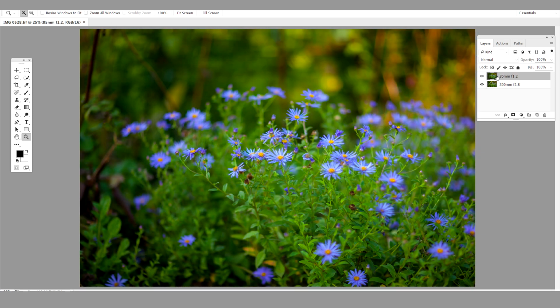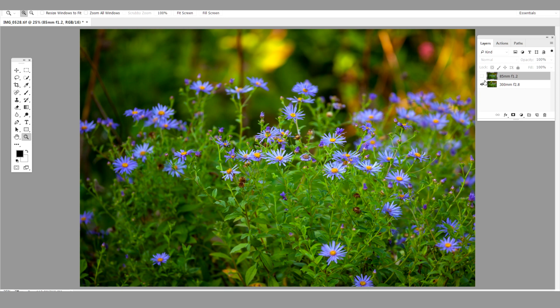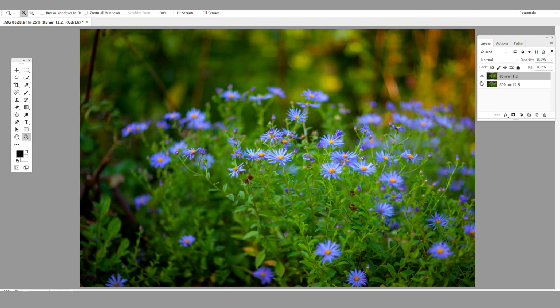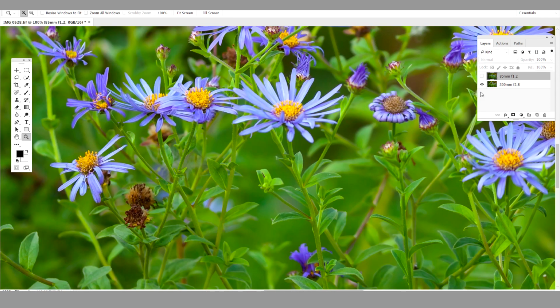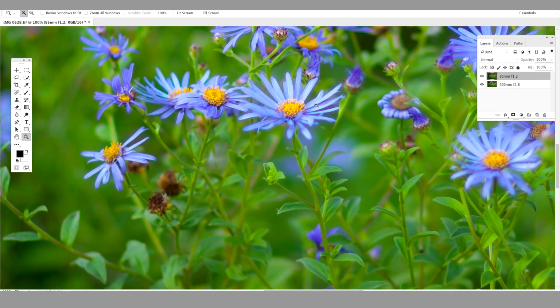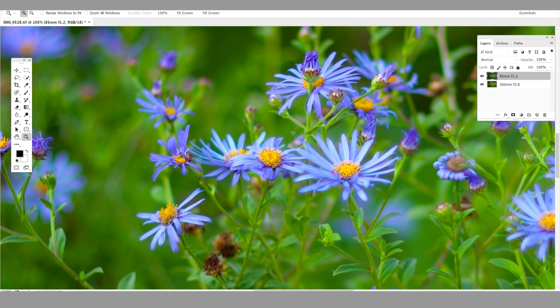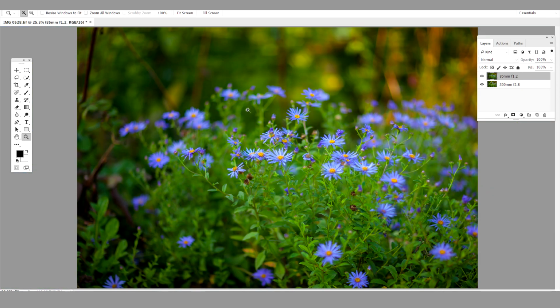This one is 85mm 1.2, 300mm 2.8. Now 85mm 1.2, go 100%. Here it's the 300mm 2.8. You see the bokeh here is much more blurry.